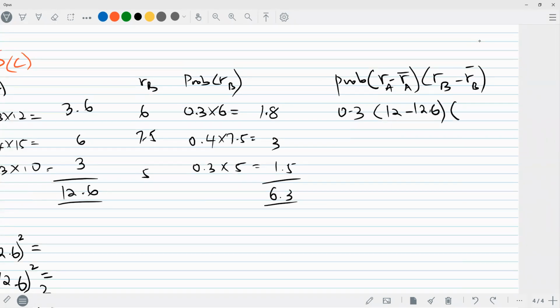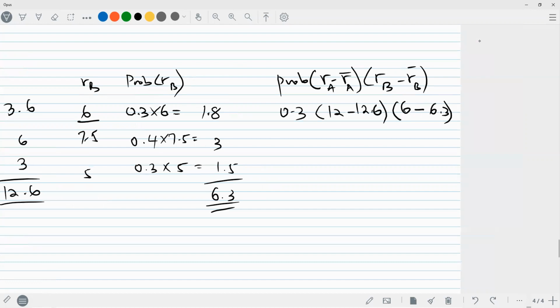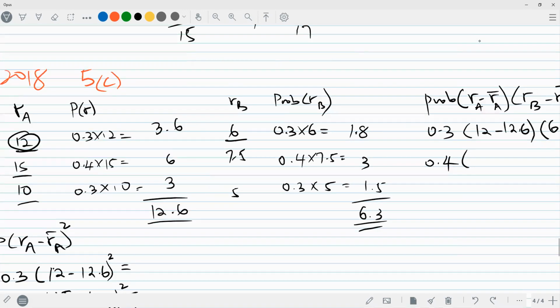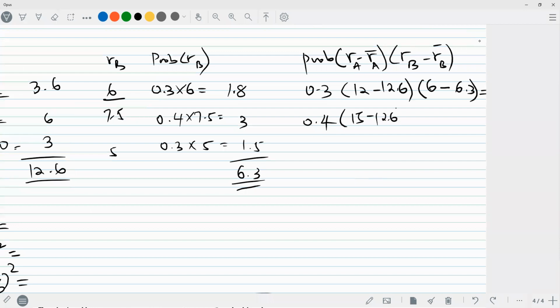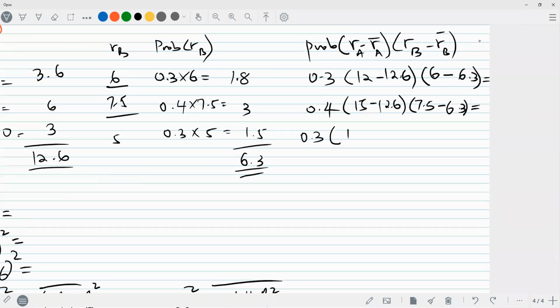The return of B is 6 minus the mean return, 6.3. 0.4, return of A was 15, so 15 minus the mean return, 12.6. Return of B, 7.5 minus 6.3. 0.3, return of A is 10, 10 minus the mean return, 12.6. Return of B is 5 minus mean return, 6.3. And you get the sum.